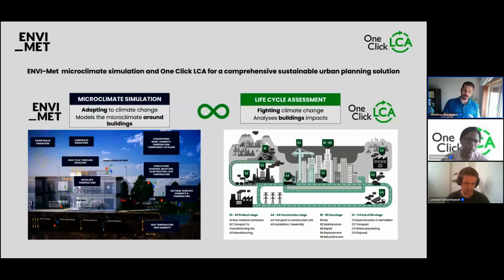And this is where One Click LCA and ENVI-met together really are a powerhouse for making the city more sustainable, fight climate change, and adapt to climate change.